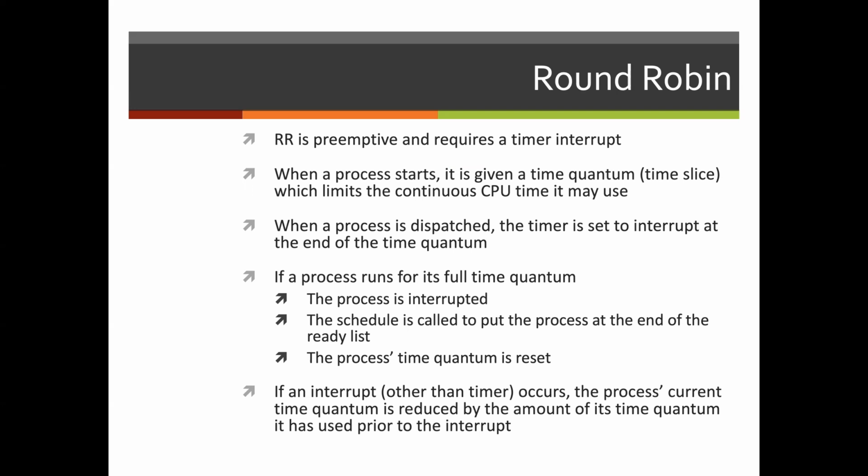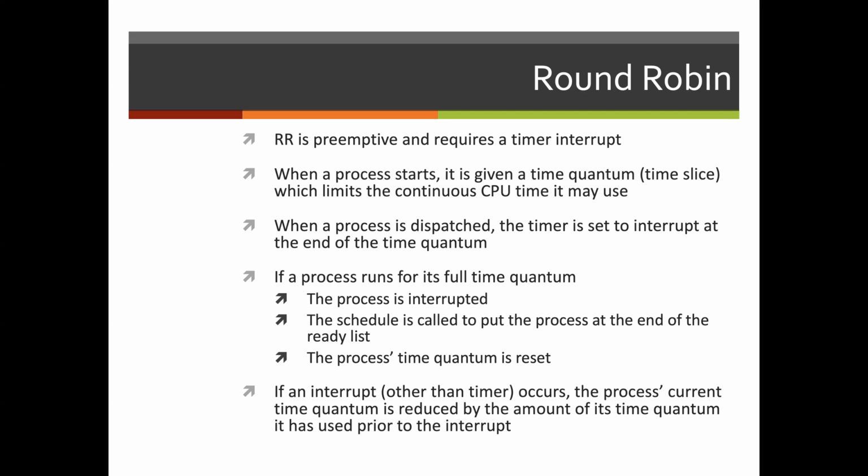With round robin, it's a preemptive scheduler, and it does require a timer interrupt. So when a process starts, it's going to be given a time slice, and that time slice will limit the continuous CPU time that it can use.